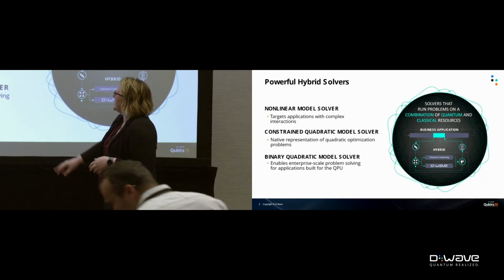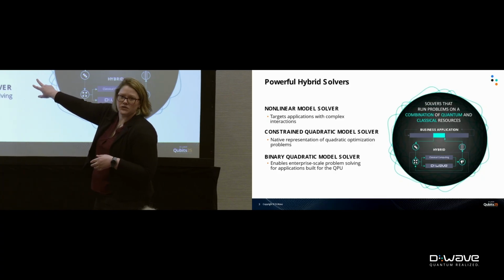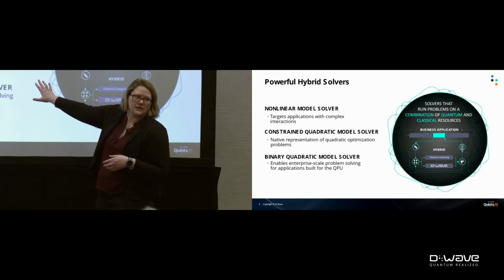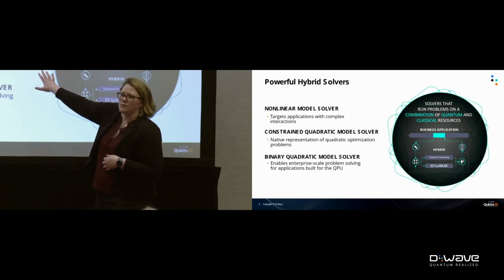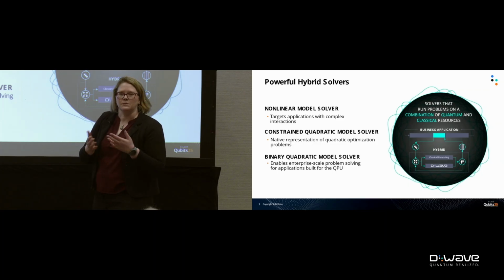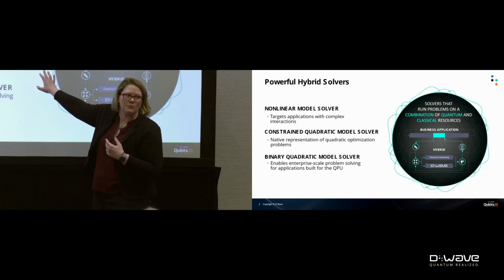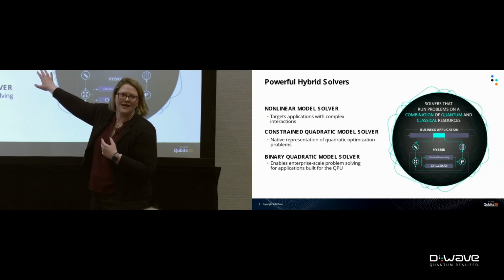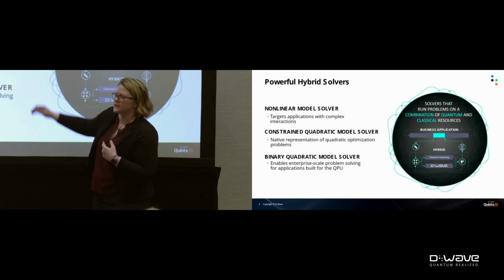We also have some other hybrid solvers for different purposes. The constrained quadratic model solver looks very similar to what folks are used to in the OR space in terms of modeling something as an objective function and then adding constraints. The difference here is that we want to have a quadratic program, not a linear program for this model class.